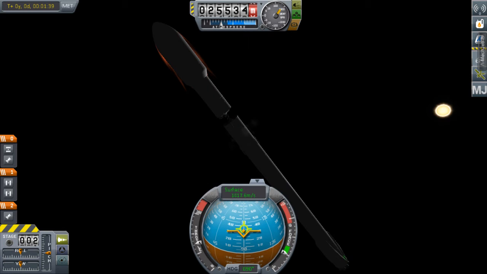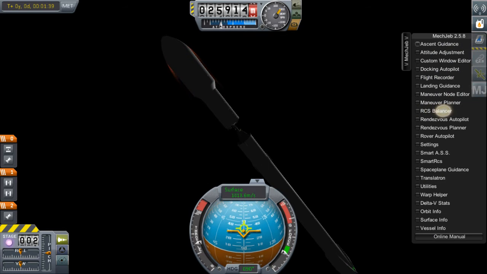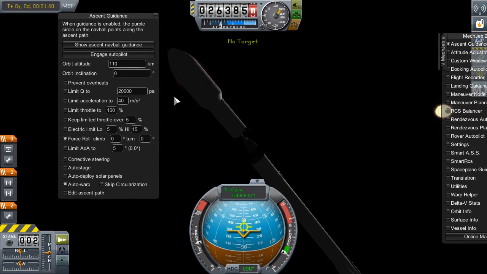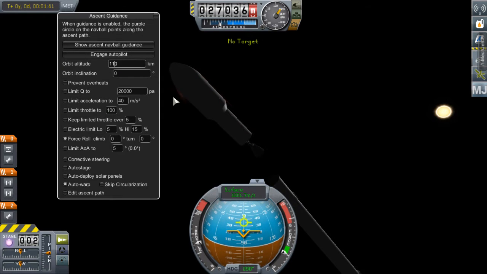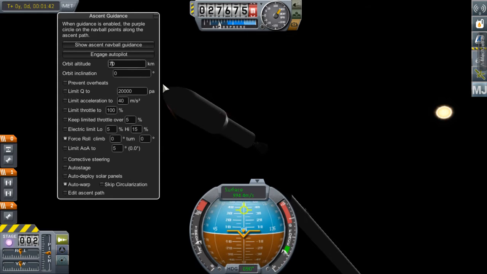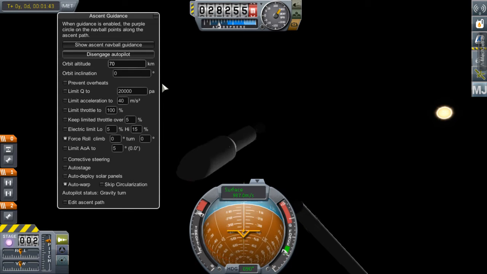Good 1-2 SEP. Beginning second stage guidance enabled. Second stage guidance is enabled.